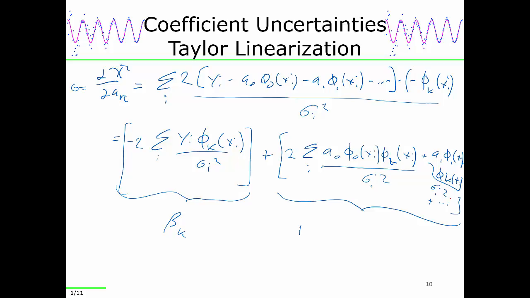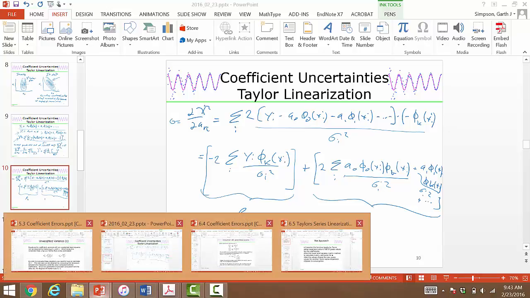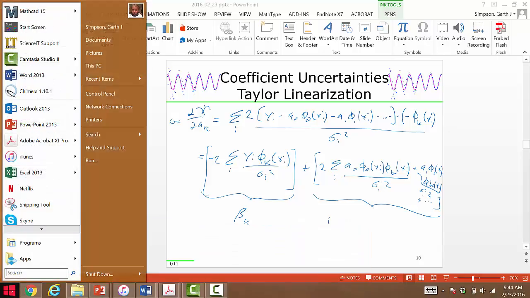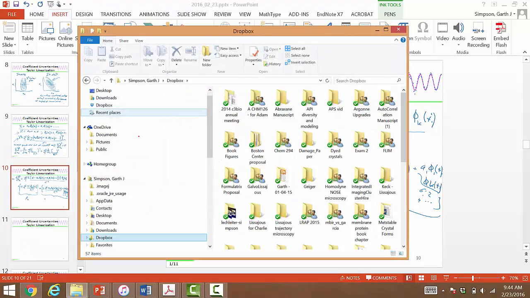Maybe it might make sense just to pull up the PowerPoint to jog some memories, because it's been a long time since I'm sure we talked about the general linear equation. Let's keep that.